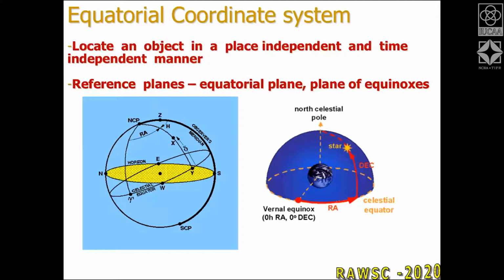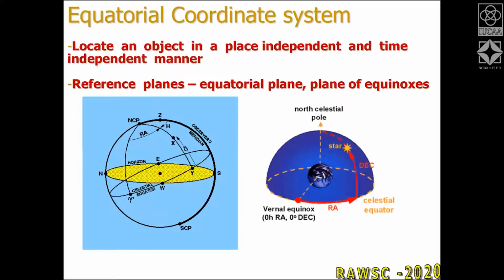Before we come to that, the reason why we went to this equatorial coordinate system was that we didn't want it to be time and place dependent. So why is this not time and place dependent? And whether this statement is strictly true. So can anyone hazard a guess?